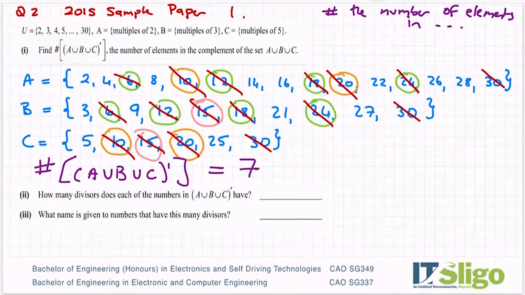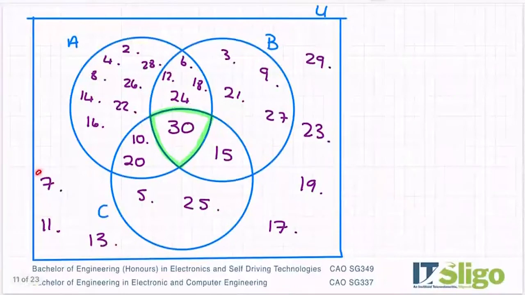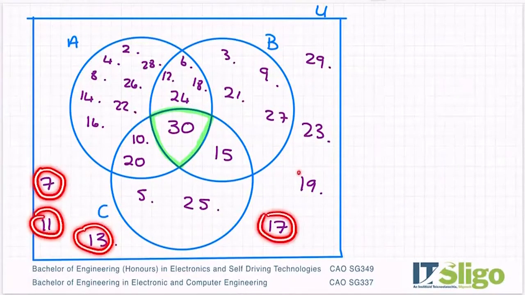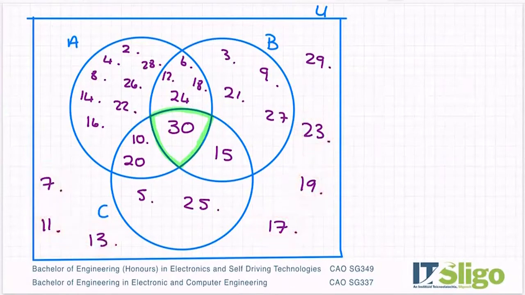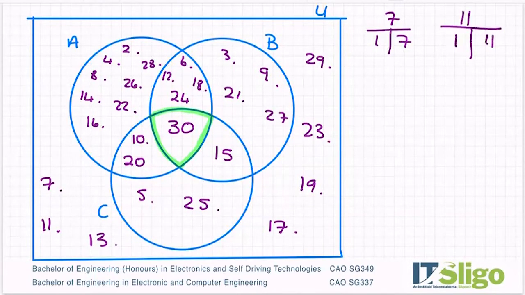Part 2 of that question says how many divisors does each of the numbers in (A union B union C) complement have? So divisors or factors, how many factors does each of these numbers have? The factors of 7 are 1 by 7. Factors of 11, 1 by 11.